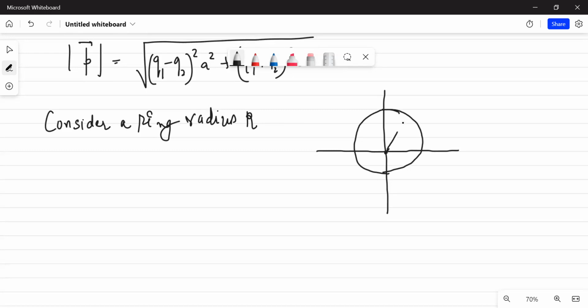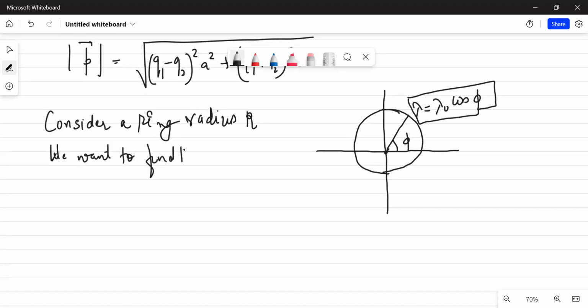Let's say this angle is phi, and the charge density over it is lambda naught cosine phi. We want to find the dipole moment for this configuration.